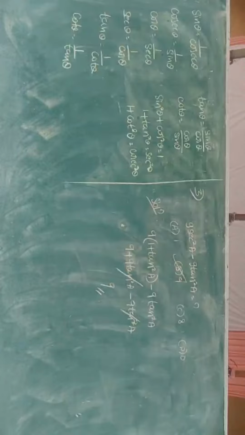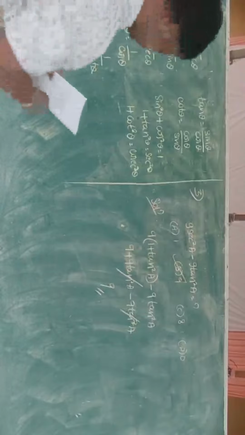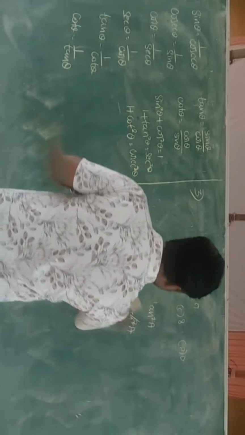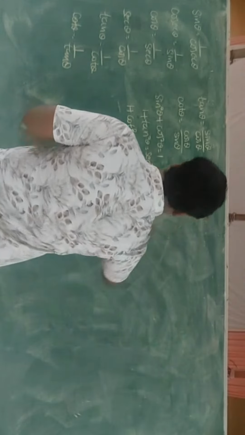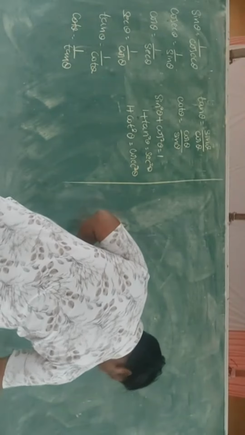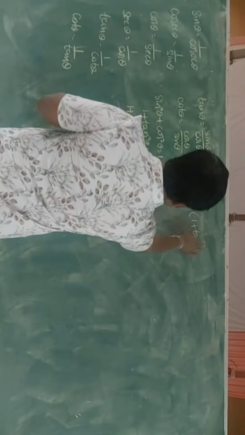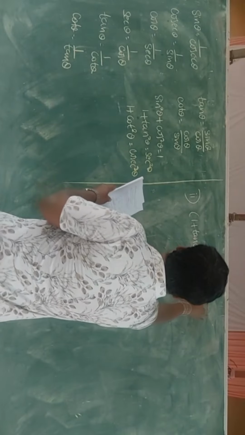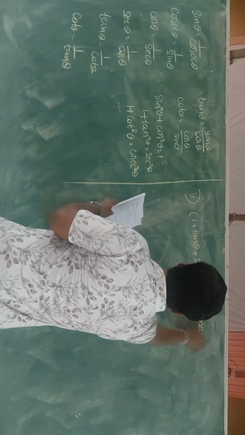Is it finished? Okay, next, the second one. 1 plus tan theta plus sec theta, upon 1 plus cot theta minus cosec theta, is equal to question mark.